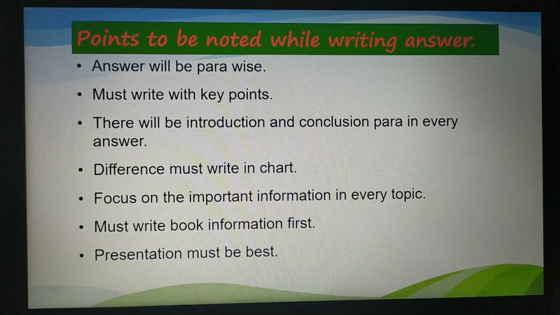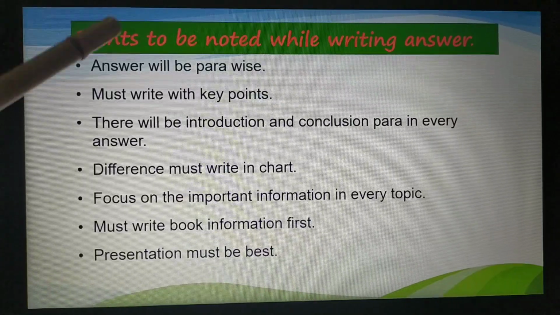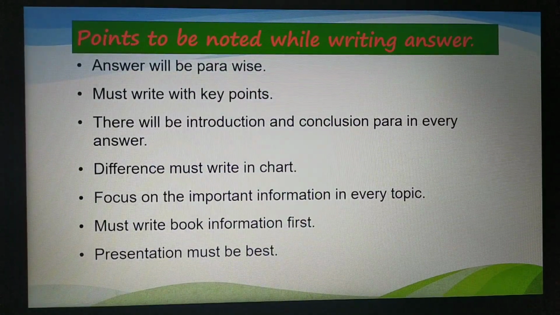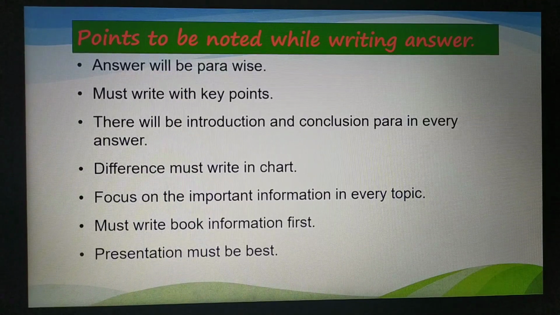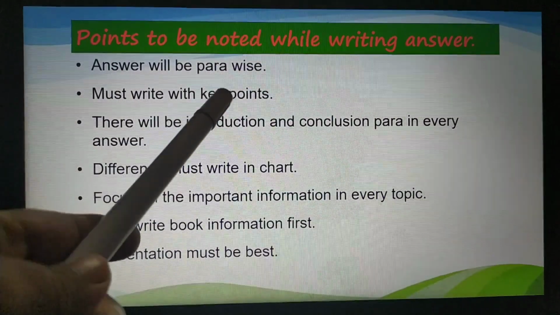That means while you write the answer, there is some basic knowledge you have to keep in mind to get 5 out of 5. Okay, so what are the points? First of all, the answer will be parawise. That means while you write the answer, you will write in paragraphs.